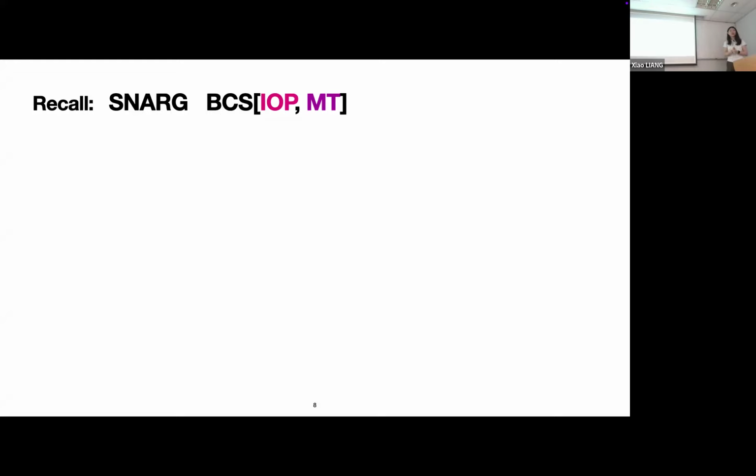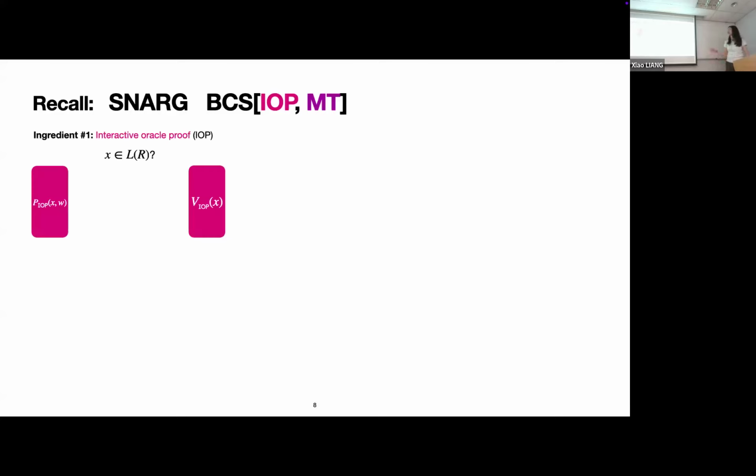Hash-based SNRGs are usually constructed using the BCS protocol. The BCS protocol involves two ingredients. The first one is an interactive oracle proof, or IOP. In the IOP, the prover is trying to prove some statement to the verifier, and it will send over some oracle proof string. Then the verifier would respond with some uniformly sampled randomness.